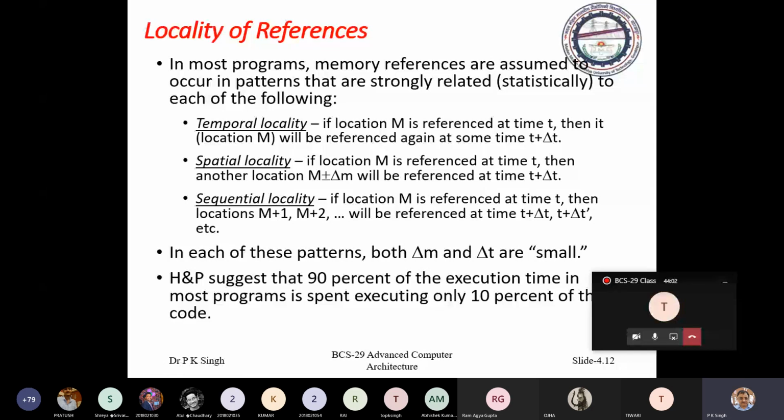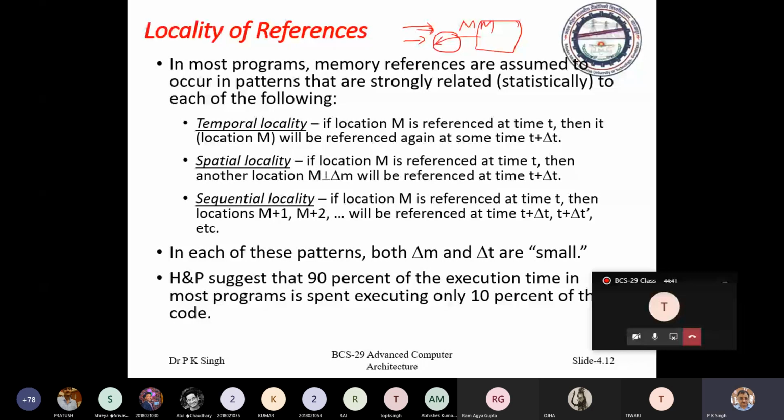Locality of references says that if the processor generates a certain reference of main memory, then the next address generated by the processor may be from the same area. So suppose a processor generates an address and that address is not in cache, then what we can do, we can transfer the entire area of that address to the cache memory, keeping this in mind, that the next reference generated by the processor should be available in cache.